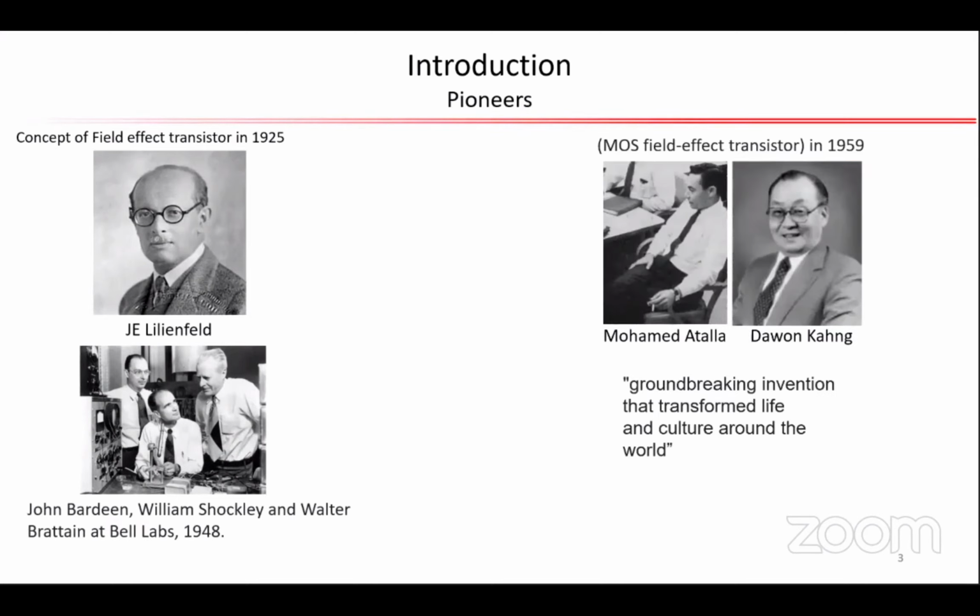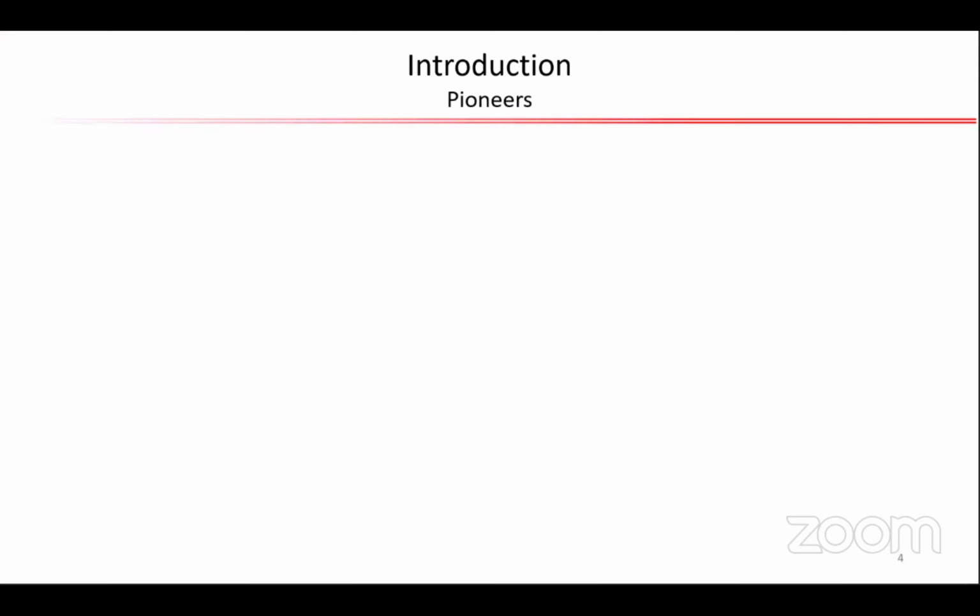Later on in 1959, Egyptian engineer Muhammad Atalla and Korean engineer Dawon Kahng were the first ones who invented the metal oxide semiconductor field effect transistor. According to the US Patent Office, this was the groundbreaking invention that transformed life and culture around the world. And as you can see, all the electronic devices around us are based on these devices. So this statement was absolutely true at that time.